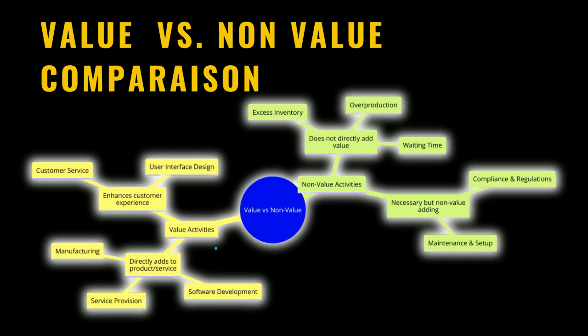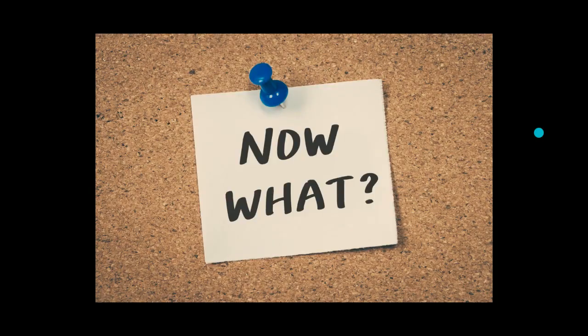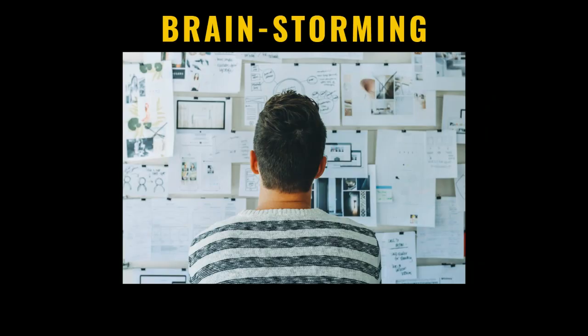So once you get an idea of what's value and what's non-value, now what? This leads us to something called brainstorming, right? Brainstorming is a creative, group problem-solving idea generation technique. It's designed to stimulate free thinking and encourage the exploration of new concepts and solutions.